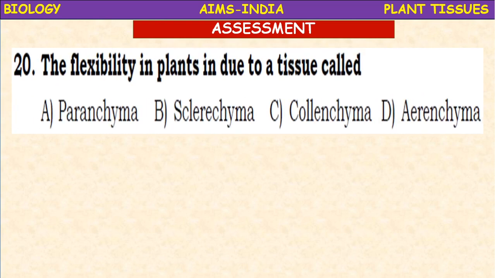Next, the flexibility in plants is due to a tissue called parenchyma, sclerenchyma, collenchyma and aerenchyma. Which one? Flexibility. So it is given by collenchyma.